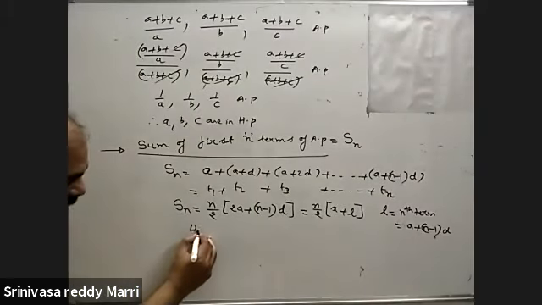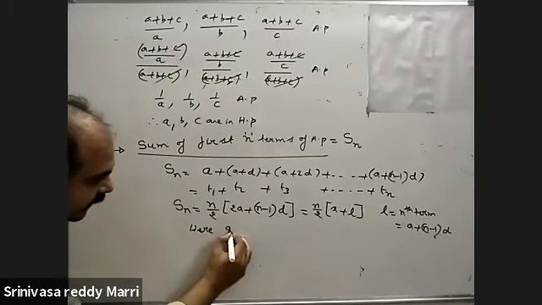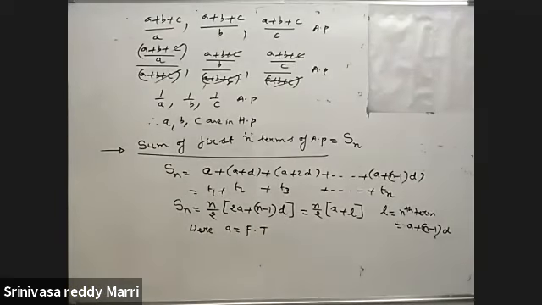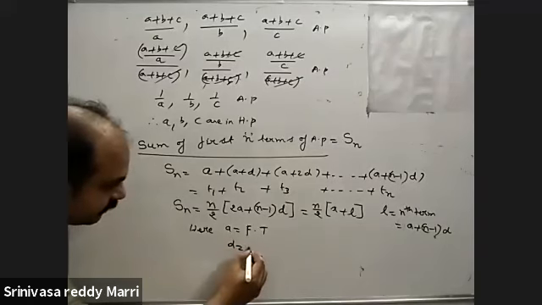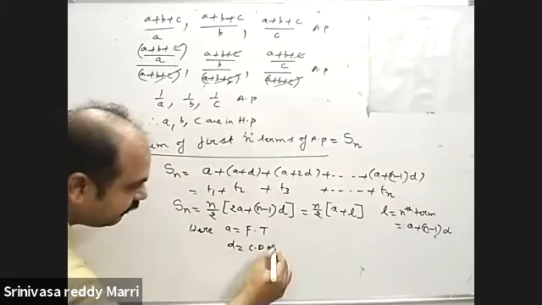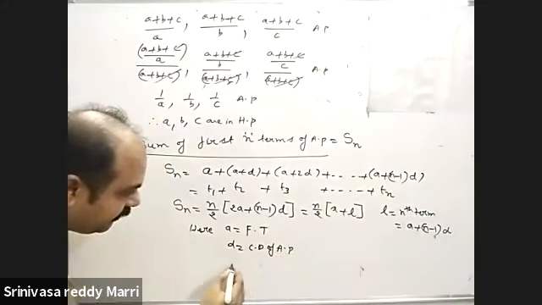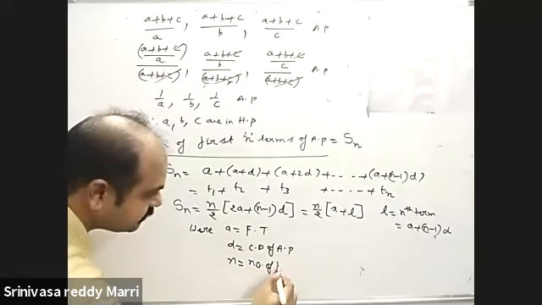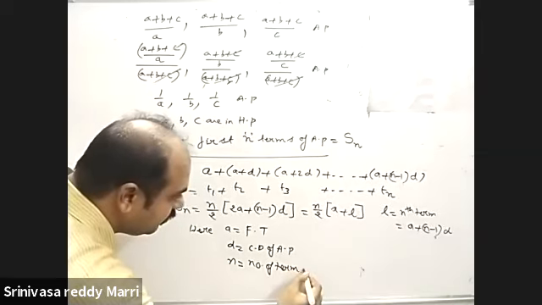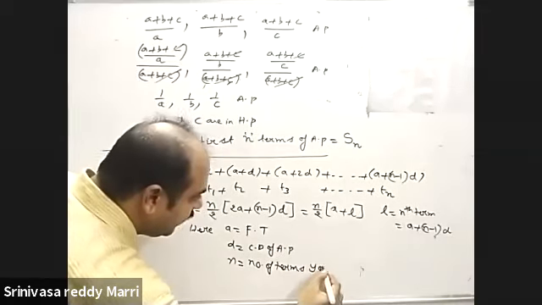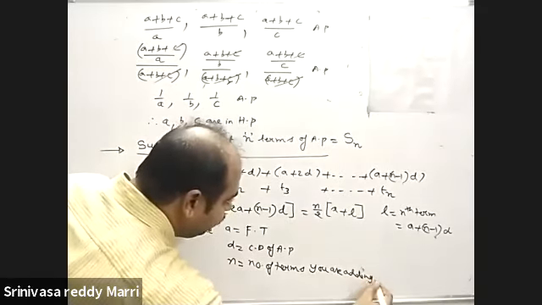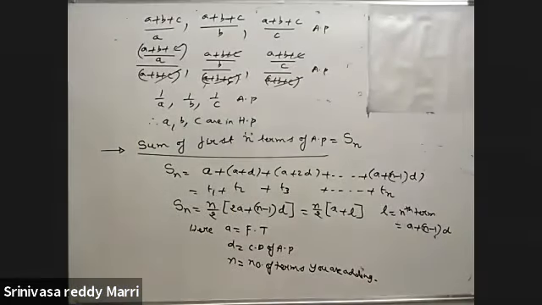Here a is the first term, d means the common difference of the AP, and n means the number of terms you are adding.